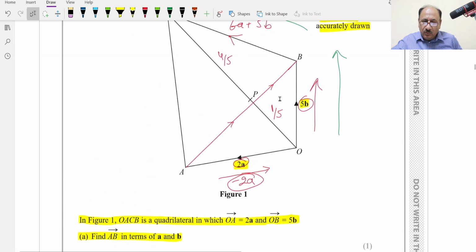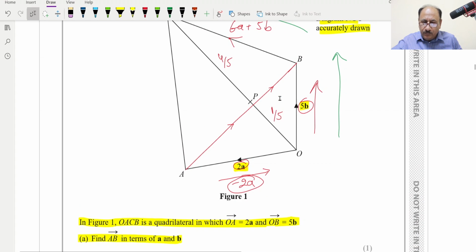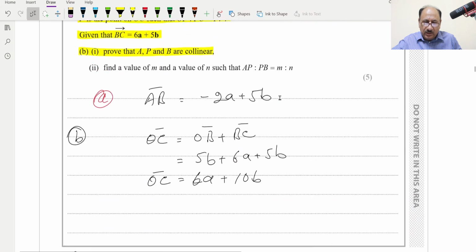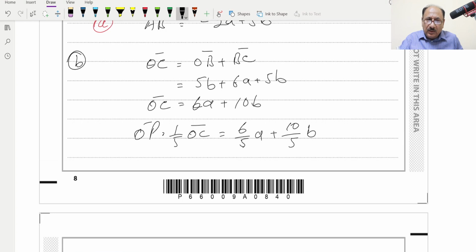Now after this we can find the OP value, because OP is 1 by 5 of OC. So OP is equal to 1 by 5 of OC, which is 6 over 5 of a plus 10 over 5 of b, and 10 over 5 is 2, so OP equals 6 over 5 of a plus 2b. This will be our OP value.